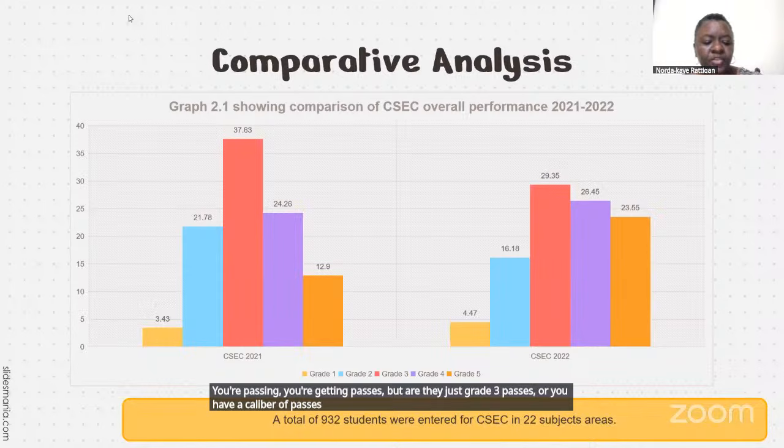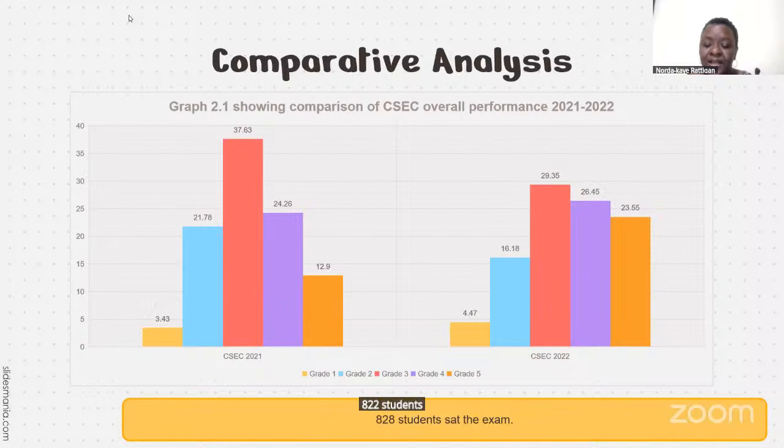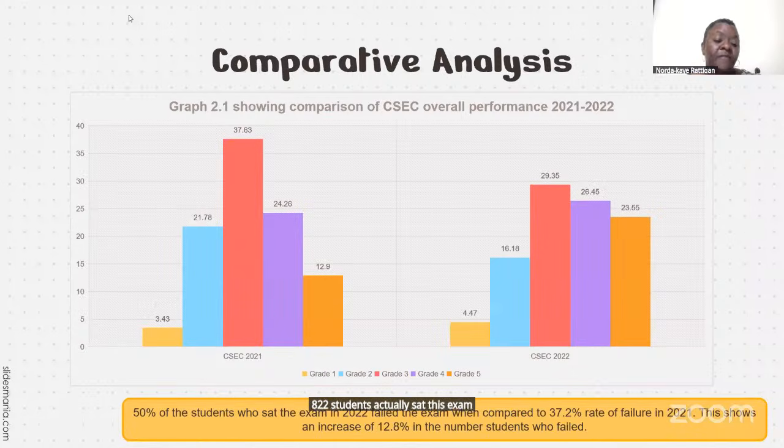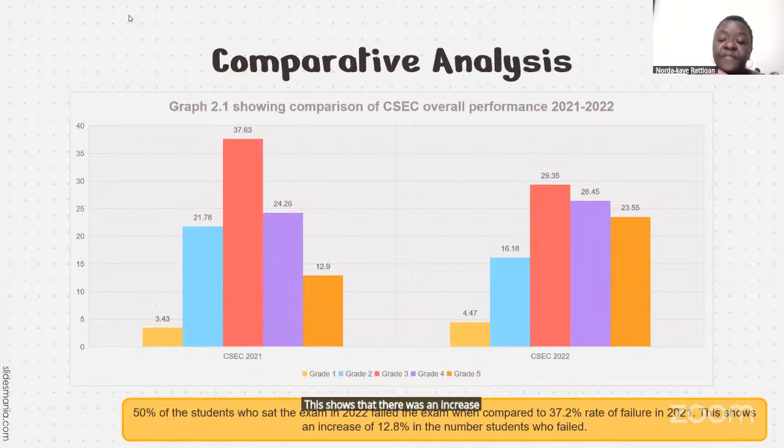All right, so a total of 930 students were entered for CSEC in 22 subject areas. 822 students actually sat this exam. 50% of the students who sat the exam in 2022 failed the exam, when compared to the other year, 37.2. This shows that there was an increase in the number of students who were failing.